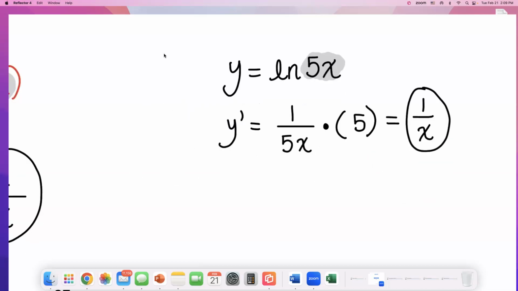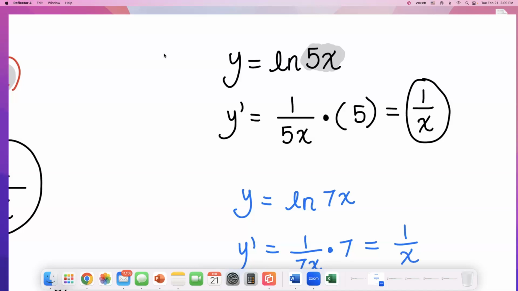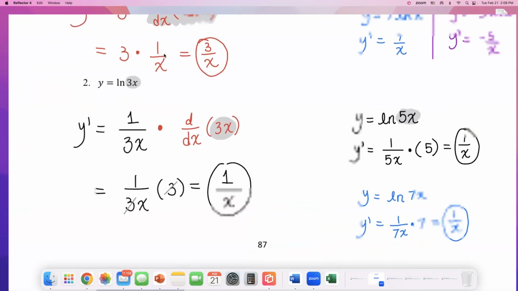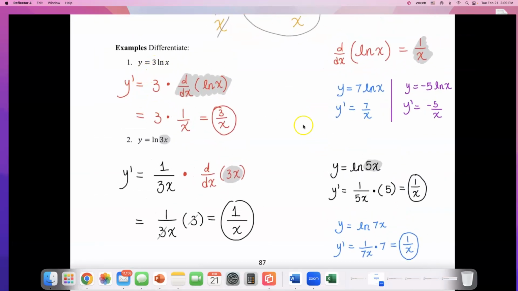So I think we see the pattern. If you have y equals natural log of, I'm just going to make up a random one, 7x, guess what? The derivative will be 1 over 7x times 7, which is 1 over x again. So anytime it is natural log of constant times x, it comes out as 1 over x. So these two are a little bit different, depending on where that 3 is, we got different answers, but it's really just using chain rule for this second problem, okay?